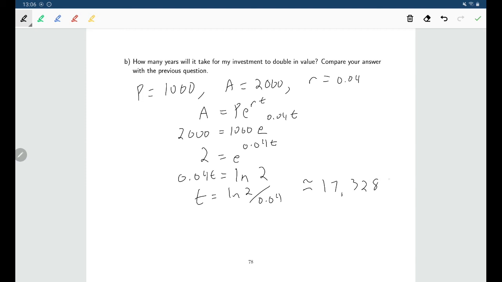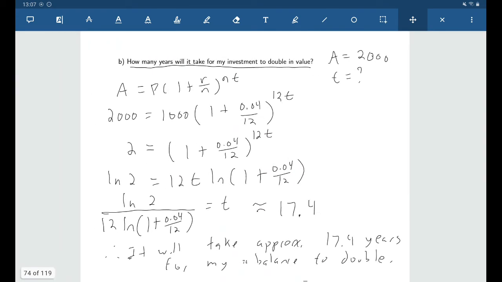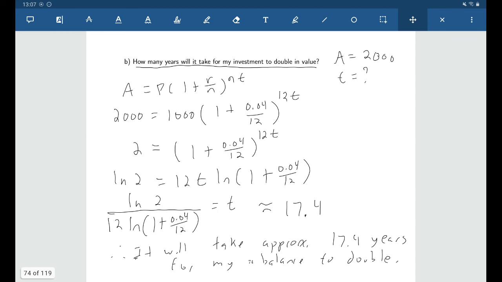So it will take approximately 17.33 years for our money to double in size. Now again, comparing that with when we were compounding our interest monthly, first, just to compare with the work that we had to do when we were solving for compounded monthly, it took a lot more work.